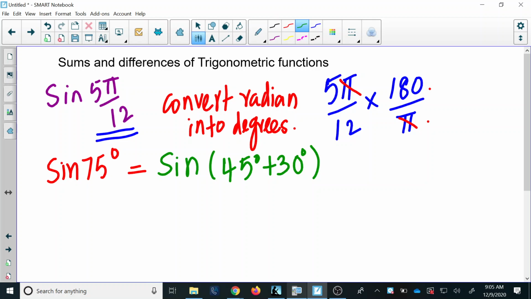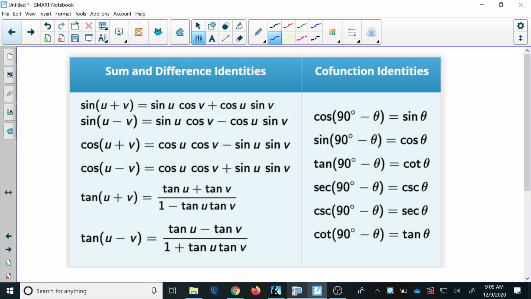Now this resembles the formula sine A plus B. From the formula table, sine u plus v, or sine A plus B, is sine u cos v plus cos u sine v.